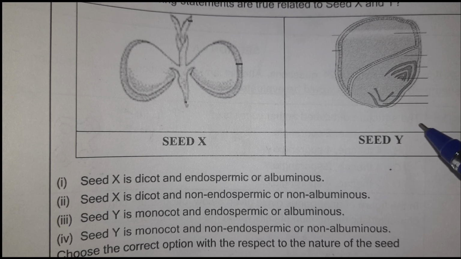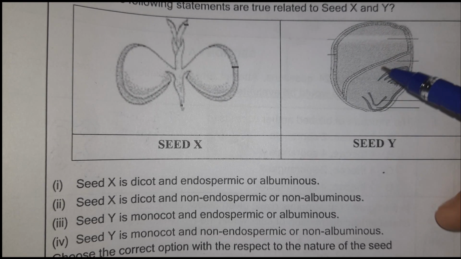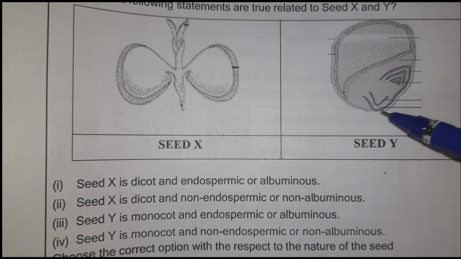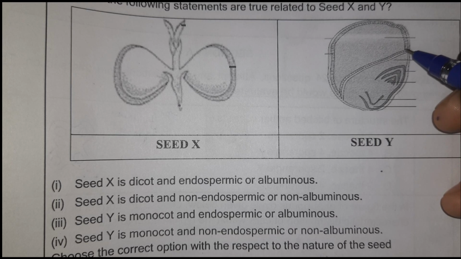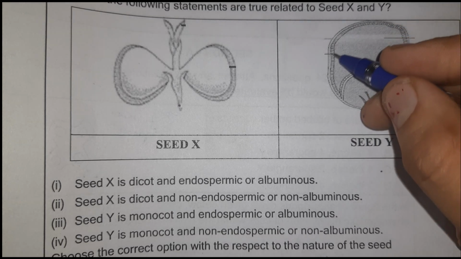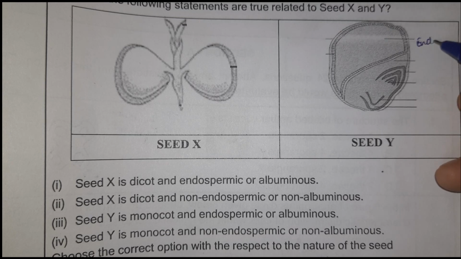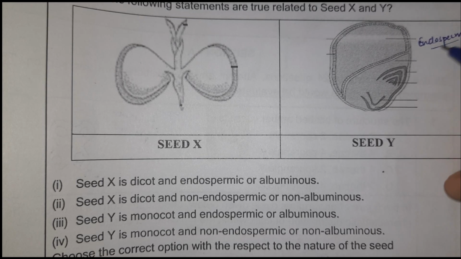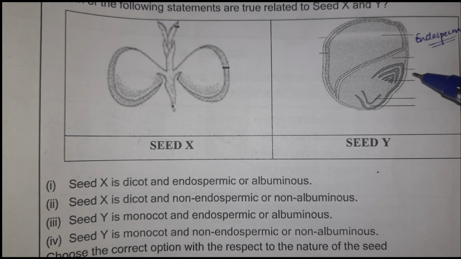When we look at seed Y, you can see that this structure is known as the embryo, and this particular structure is known as the endosperm. It means that this particular seed has endosperm.